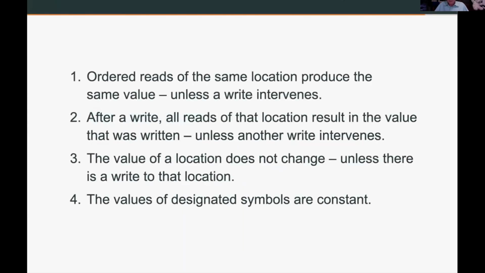So I tried to put all the constraints that I know in a list here: reads produce the same value unless you wrote something in between, or if you write something, you're always going to read that unless something happened in between. The value of a location doesn't change. If you don't do anything, it's stable. It's not going to change unless you do something to it.